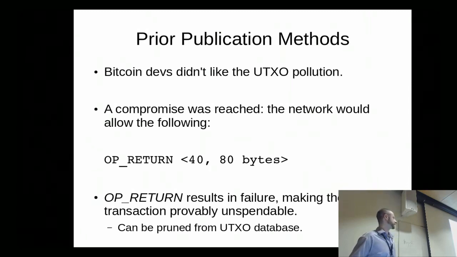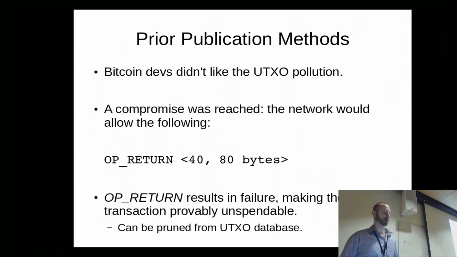So they changed this to allow anybody to put at first 40 bytes, and then I think they extended it to 80 bytes of just arbitrary data. And the punchline here is that OP_RETURN always results in failure, so the transaction can never be spent, and the network knows this. So it knows that it doesn't ever have to add it to the UTXO database to begin with.